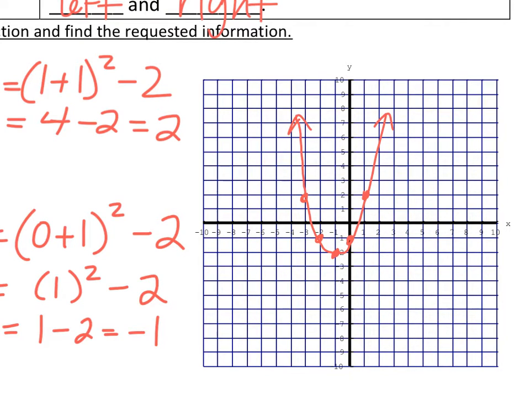Make sure it's got arrows showing that it keeps going to infinity and beyond. If you want, you could draw on your axis of symmetry going through negative 1, but you don't have to.